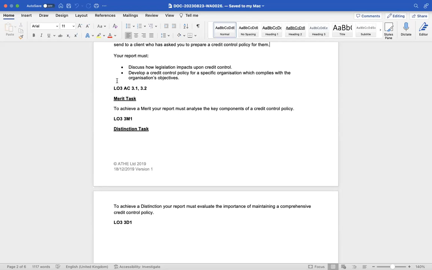Whether he is asking for descriptions, definitions, illustrations, or a detailed answer. So you can Google command verbs and read about them in detail.